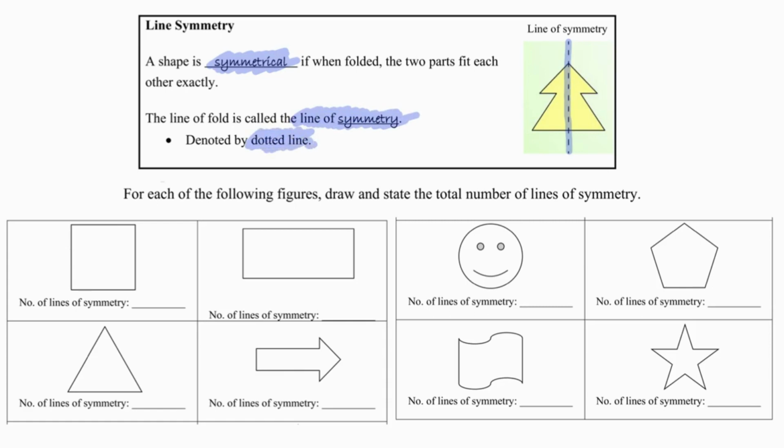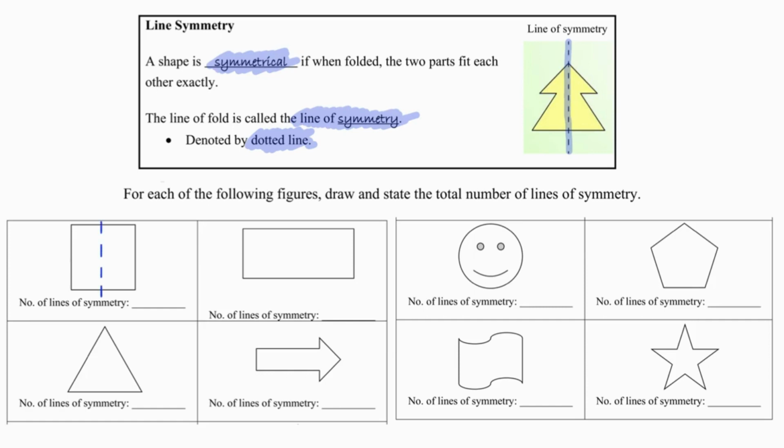So for each of the following figures, let us draw and state the total number of lines of symmetry. So for the first one, let me pull out my ruler, where we are going to draw some dotted lines.